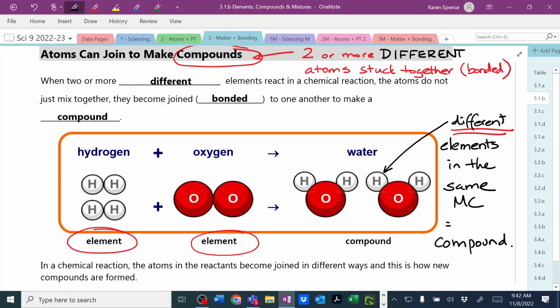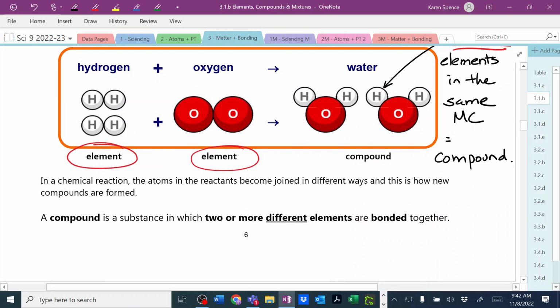Bubbles. Okay. Let us carry on with this while we wait. So this is just our definition of a compound. We've already talked about that. A compound is two or more different elements bonded together. How do you know you have two different elements? In the formula.